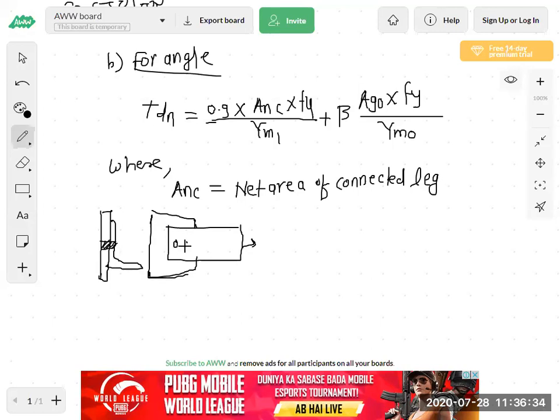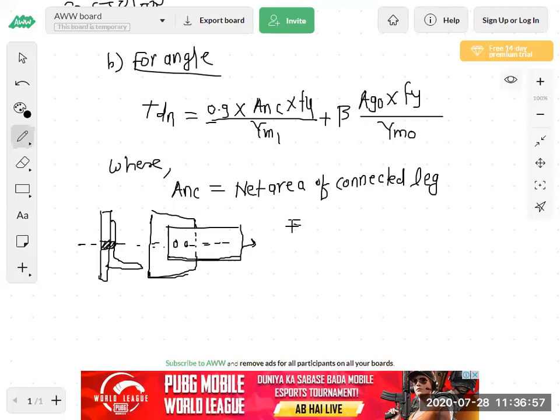So here maybe two bolts are in one row. This is the bolt line. Are you getting? Now we have to calculate the net area. So this is the angle section. Here one more line is there. These two lines are there.